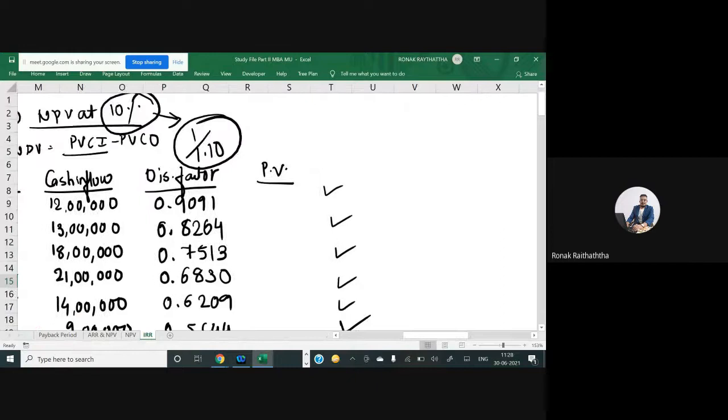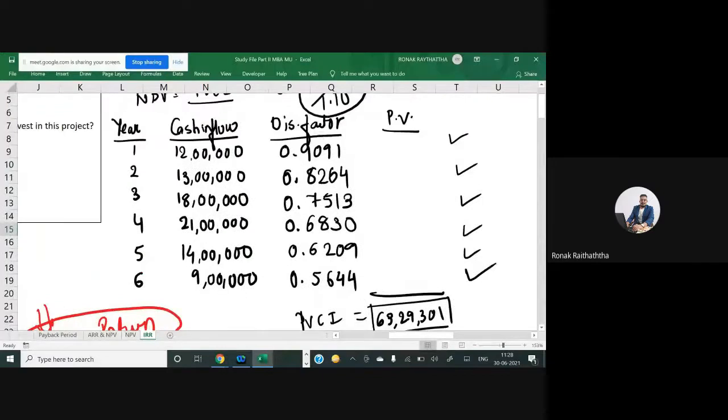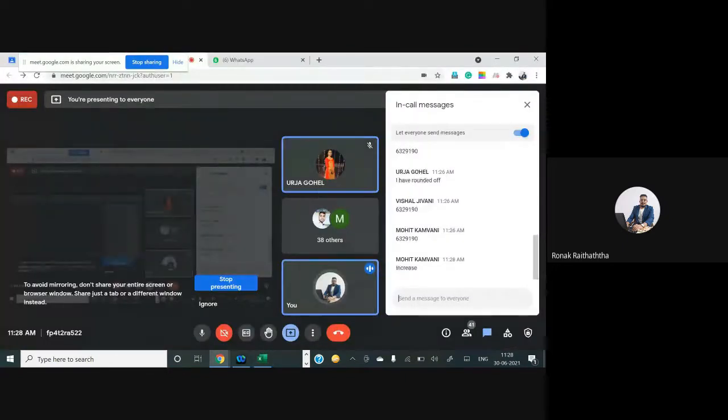Well, now you tell me, if I want to reduce this NPV to 0, then whether I should increase my rate or decrease my rate. Who will tell me? Chalo batao. Increase. Okay, Miss Urja is saying increase. Others? What's your opinion? Mr. Mohit is also saying we should increase the rate.